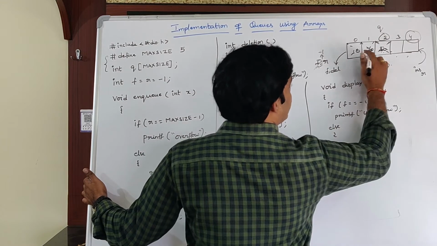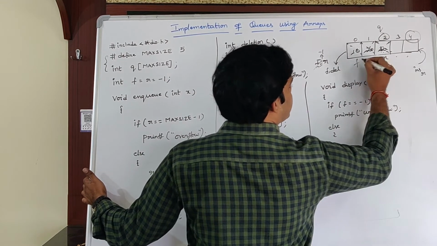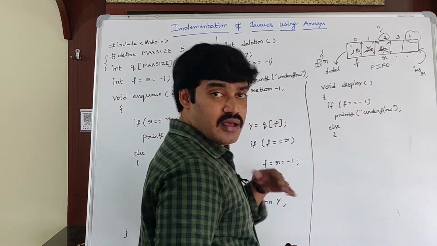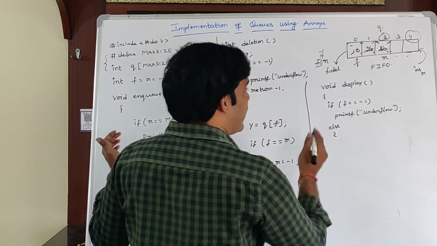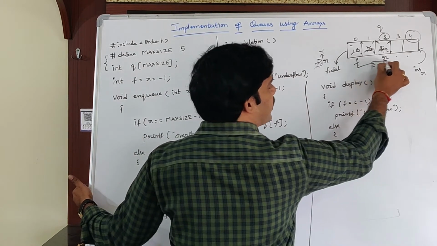Otherwise, else, assume that these are the elements 10, 20, 30. F points to the first index, rear points to the last one. Then what are my Q elements? From front to rear are the Q elements.